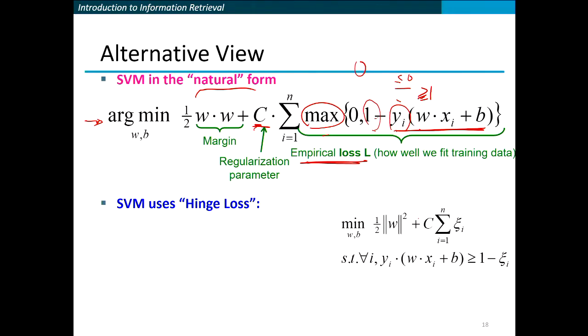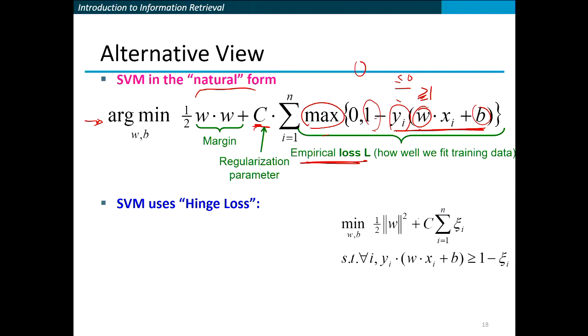This means that under your model, currently parameterized by W and B, if for a particular xi the functional margin is beyond 1, then this point does not contribute any loss. Loss means discrepancy, so there is nothing wrong with your choice.